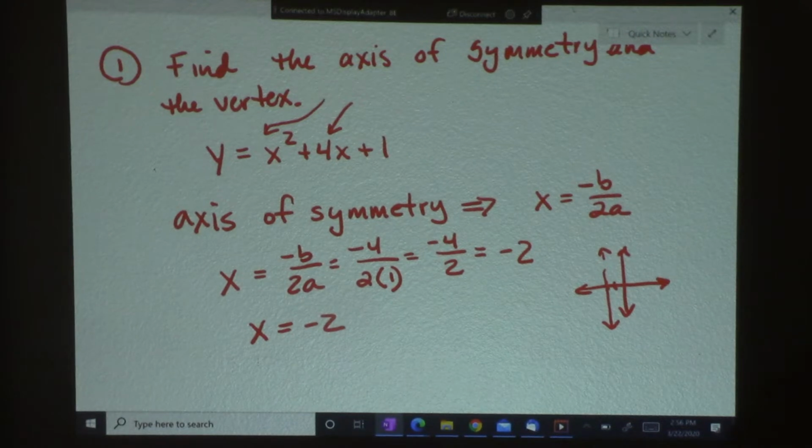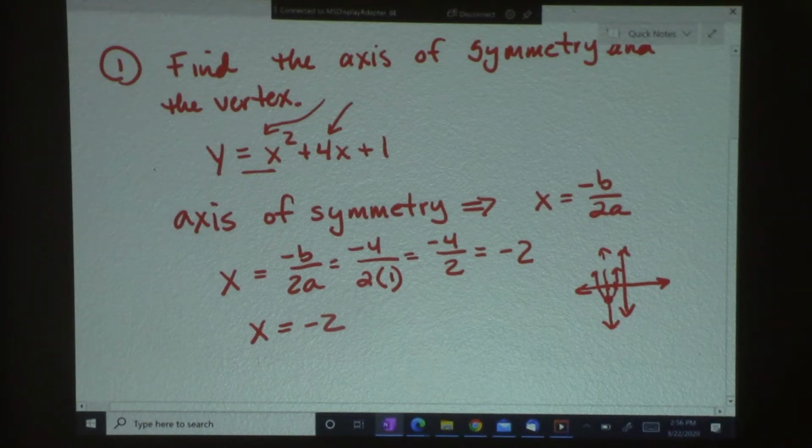Now, the vertex is going to pass through the axis of symmetry, and the vertex is going to be the lowest or highest point for my equation. Now, if I look here, the sign in front of the x squared tells me that it's positive, so it's going to go up, something like this.